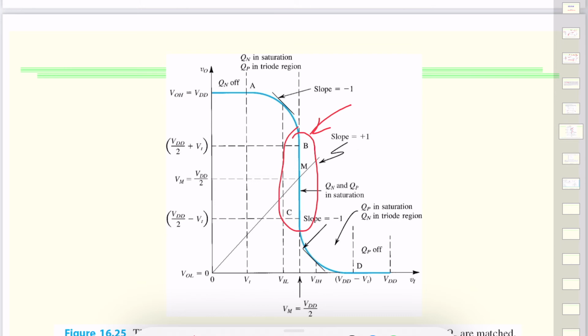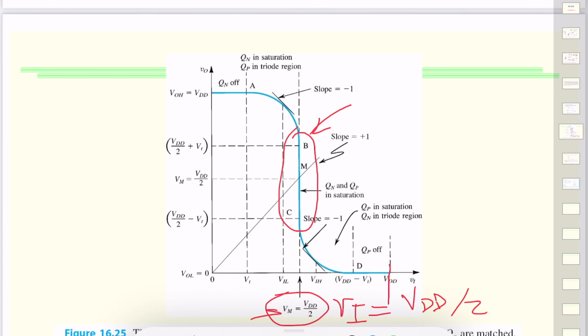So this vertical segment, if we take a look at it, occurs halfway of the input voltage, where the input voltage is half of VDD. So if this is VDD, this is happening right in the middle. So we can write VI is equal to VDD by 2. That's the midpoint where it occurs.